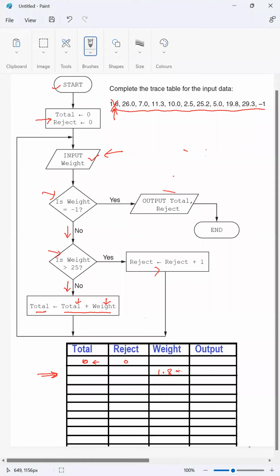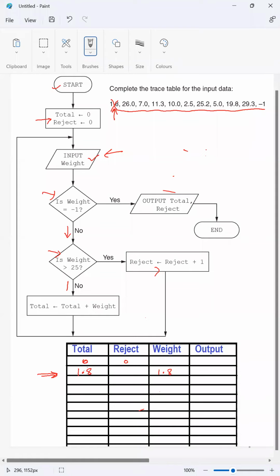So 0 plus 1.8 would give us 1.8, and the result has to be saved in the variable total. So we're going to update total with the value of 1.8.